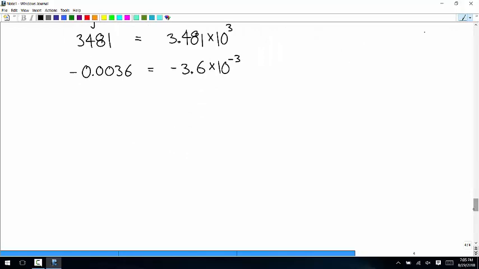So we're going to need to be able to do 2 things. We're going to need to be able to take a number in standard notation and write it in scientific. And we're going to have to be able to go the other way, start with a number in scientific and put it in standard notation.